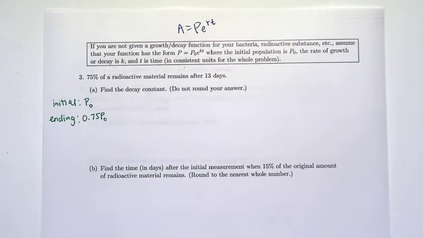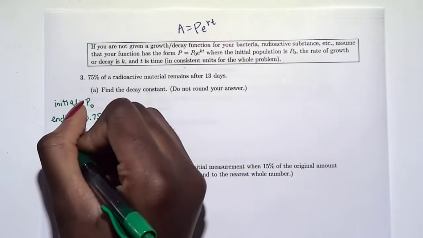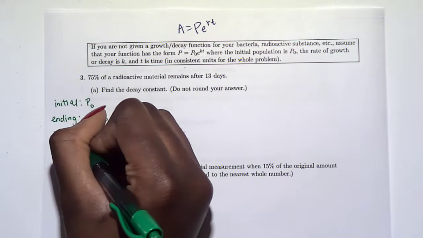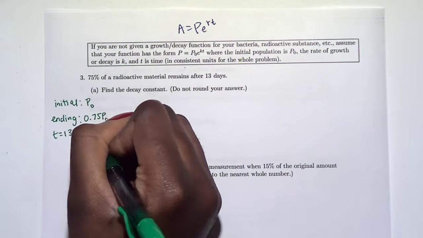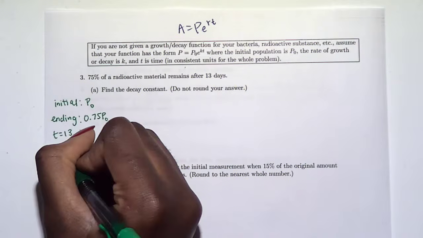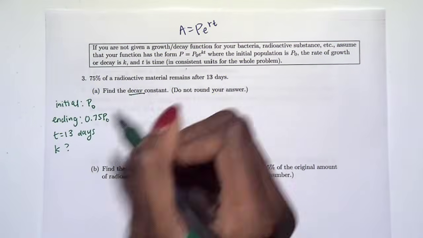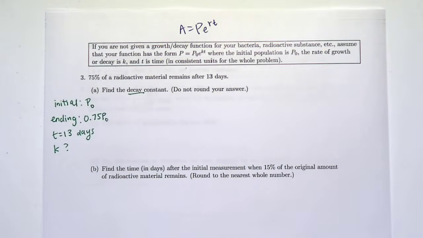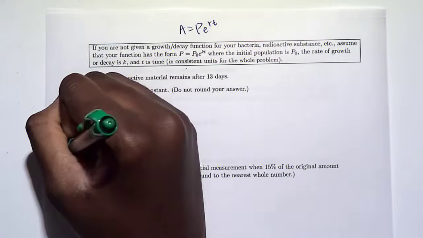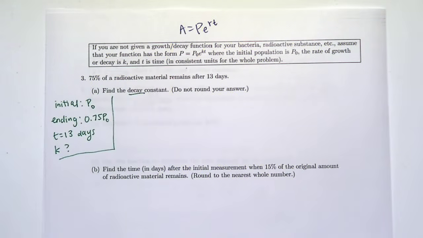And then time, they gave us 13 days. And we are asked to find K. That's what we're asked to find, the decay constant. All right, so now we know what we're given. Make sure you understand what's happening so far.